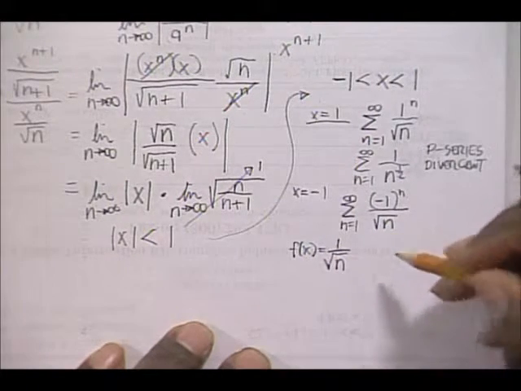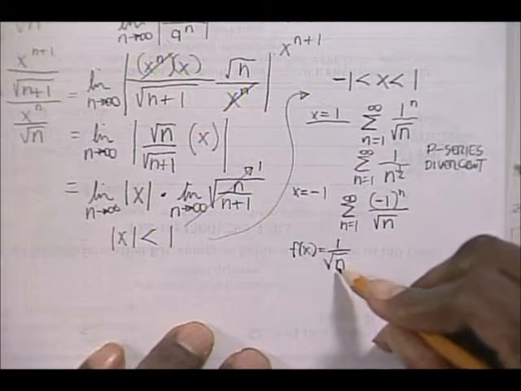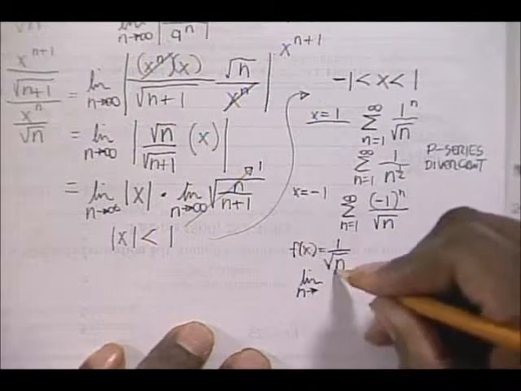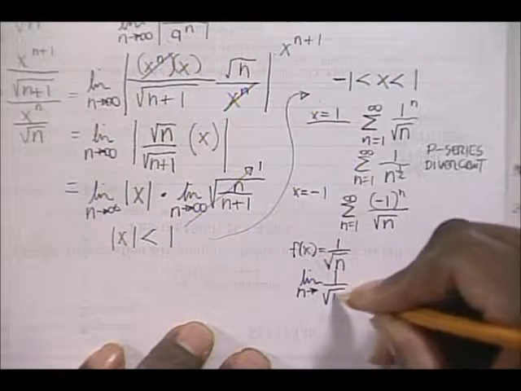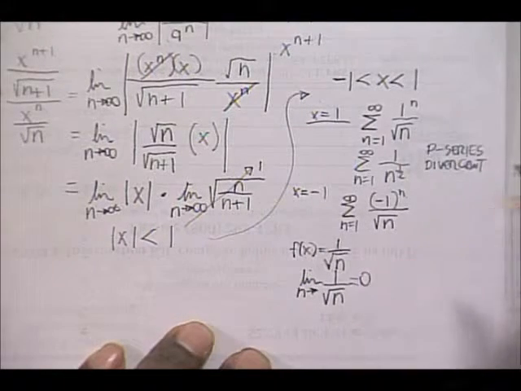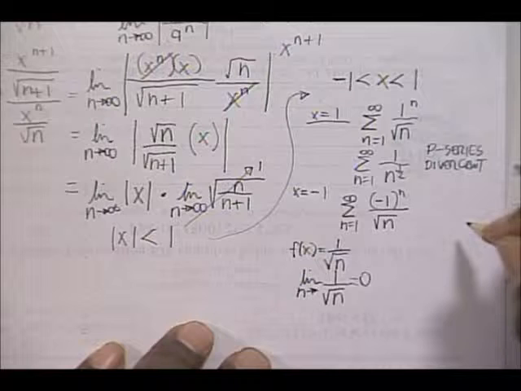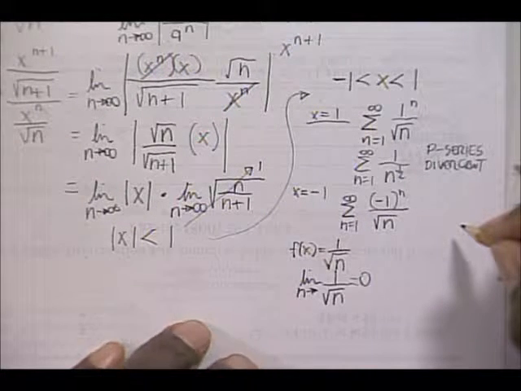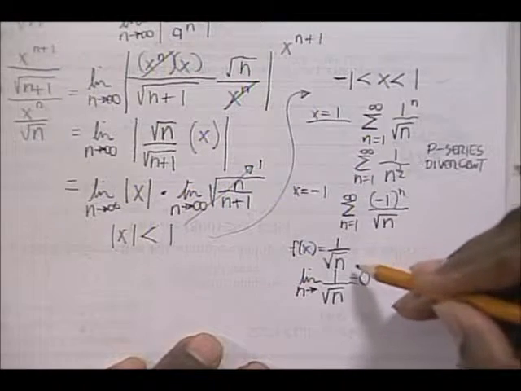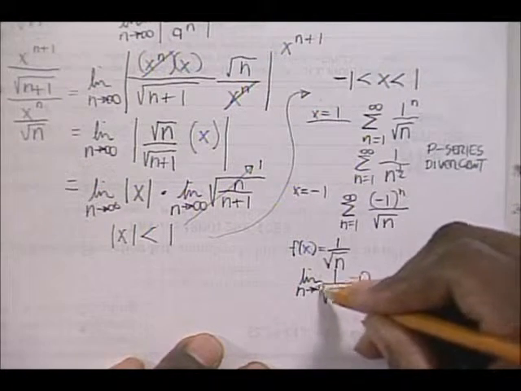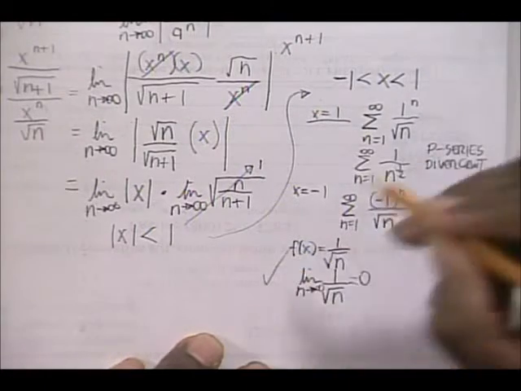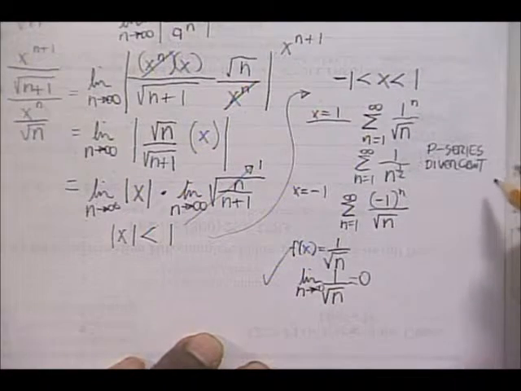If you evaluate the limit as n goes to infinity of 1 over radical n, if this is 0, that's the first requirement for you to begin to call this a converging alternating series. And I hope you can see here that as n goes to infinity, this does equal 0.